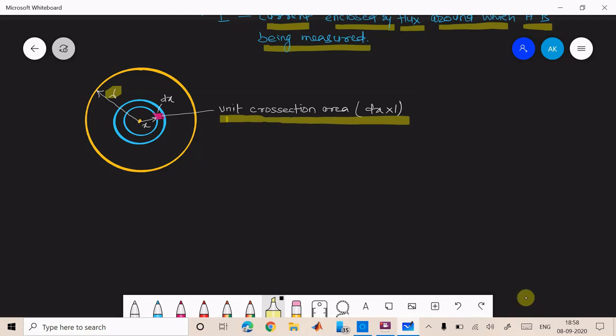You can see here I have made this dx, which is at a distance of x from the center. Radius of the conductor is r, and this unit cross section which I have taken is at a distance of x from the center.